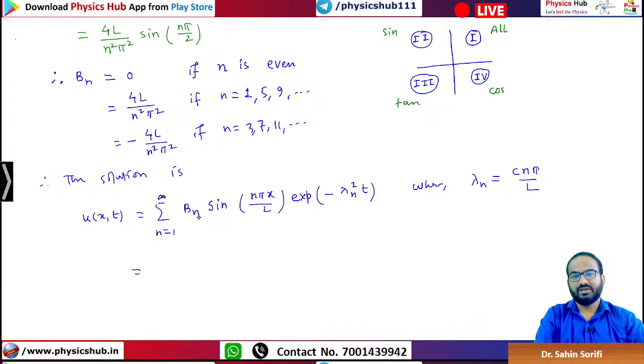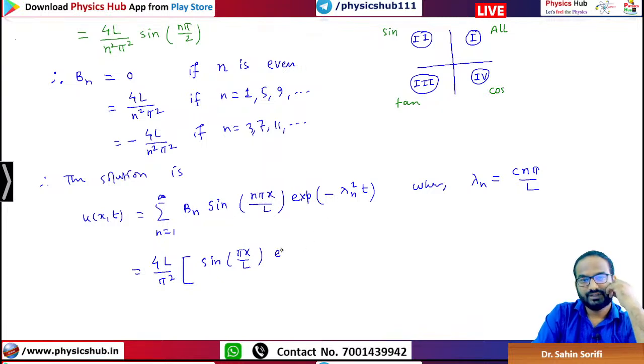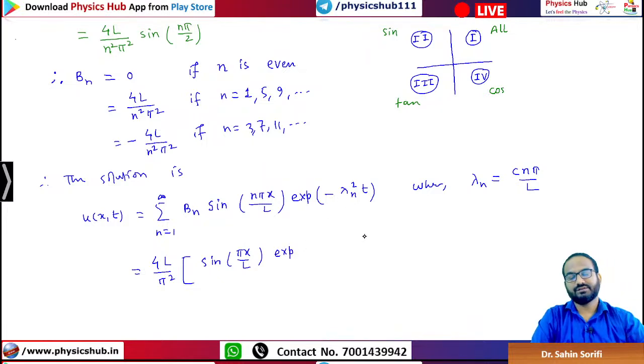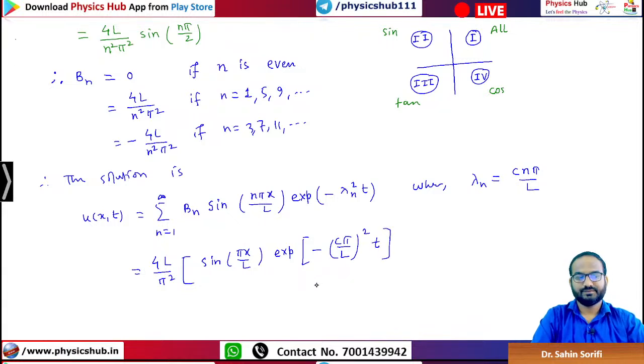So B1 is 4L by pi square, let's say take common. So the n equals to 1 value is surviving. So sin pi x by L, and the exponential, what will be there? Exponential lambda n square is equals to c pi by L whole square into n square. N square is 1. So this is the first term.